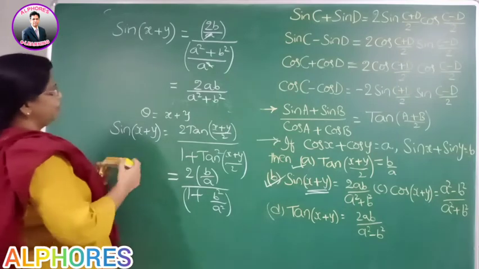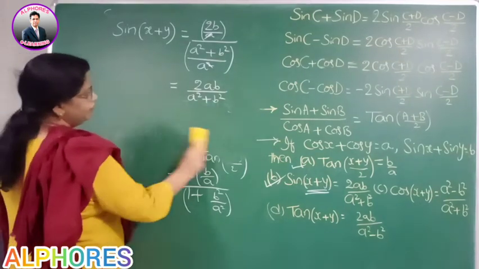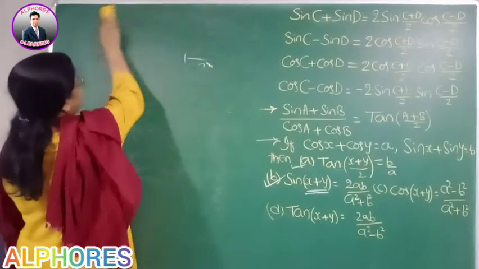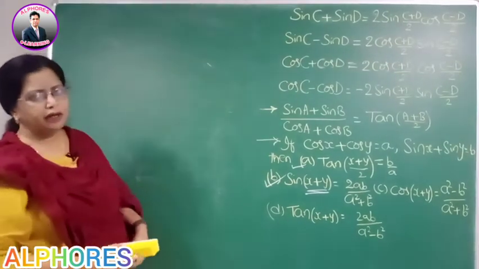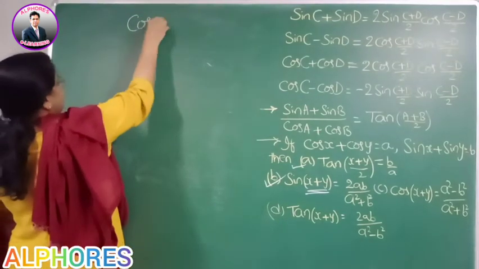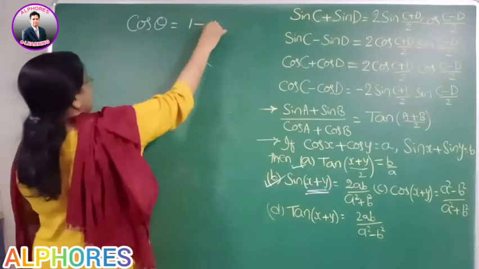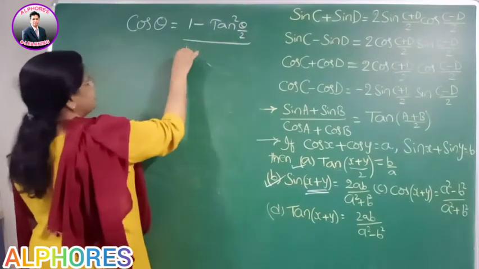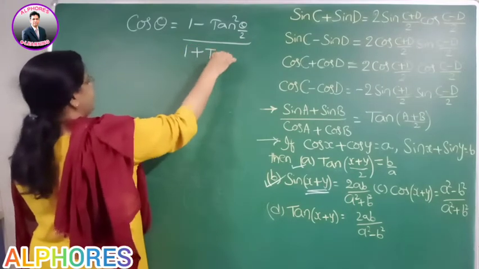Now, however we did the sine value, students, you know very well in multiples and submultiples the cosine formula also. What is the cosine formula? Cos theta equal to 1 minus tan square theta by 2 divided by 1 plus tan square theta by 2.